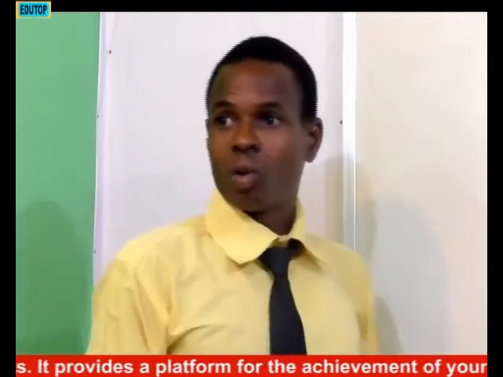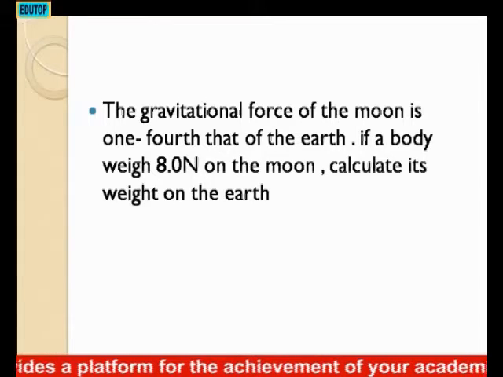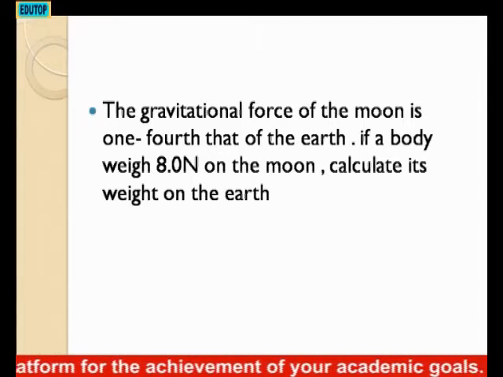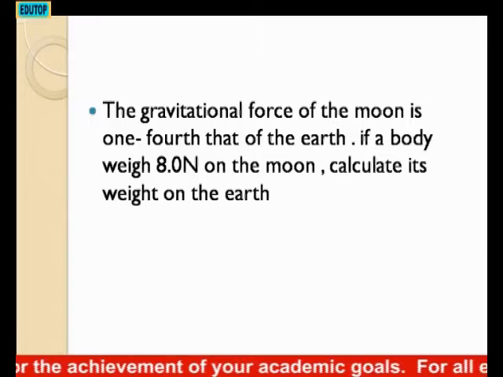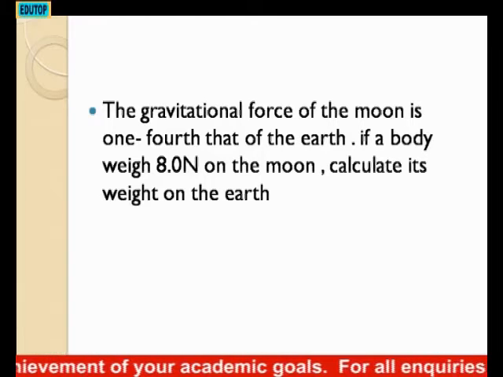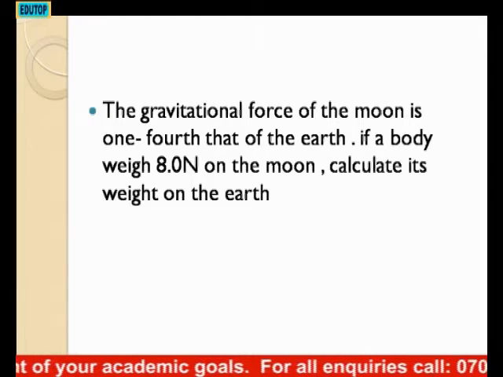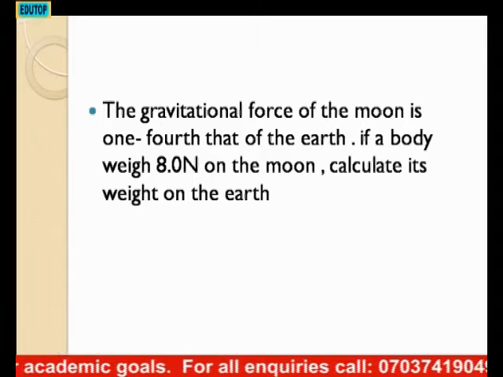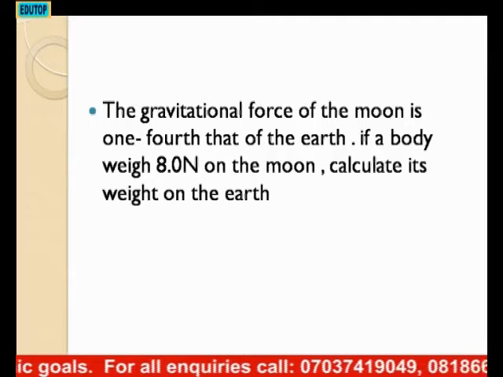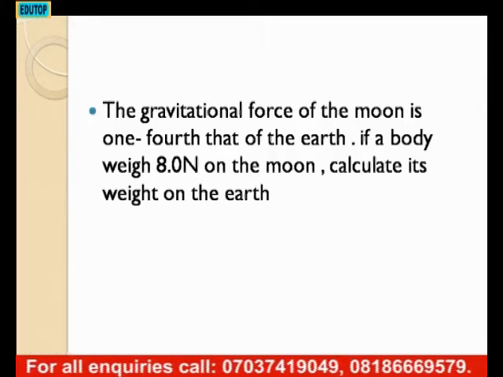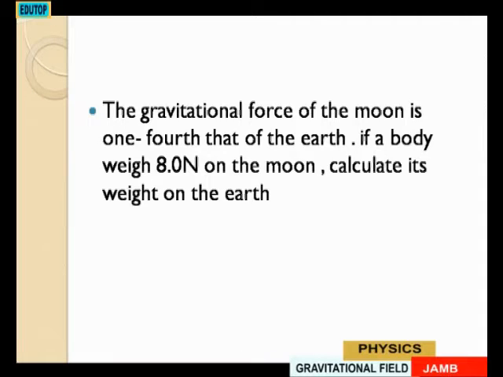Let's consider question number 3. The gravitational force of the moon is 1/4 that of the Earth. If a body weighs 8.0 Newton on the moon, calculate its weight on the Earth. Let's start from the gravitational force of the moon.